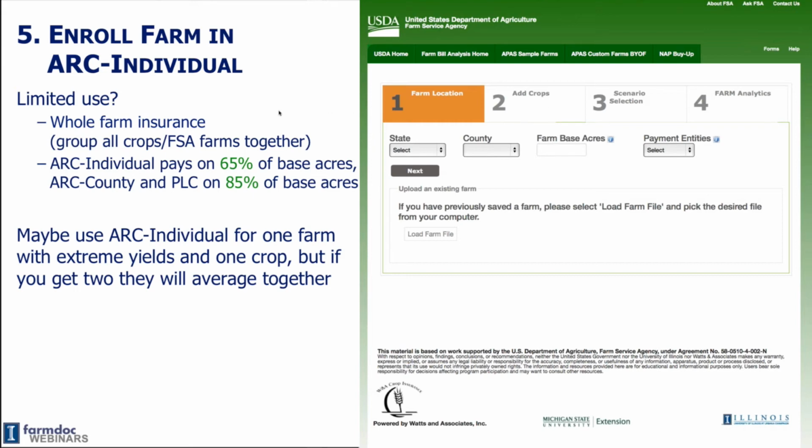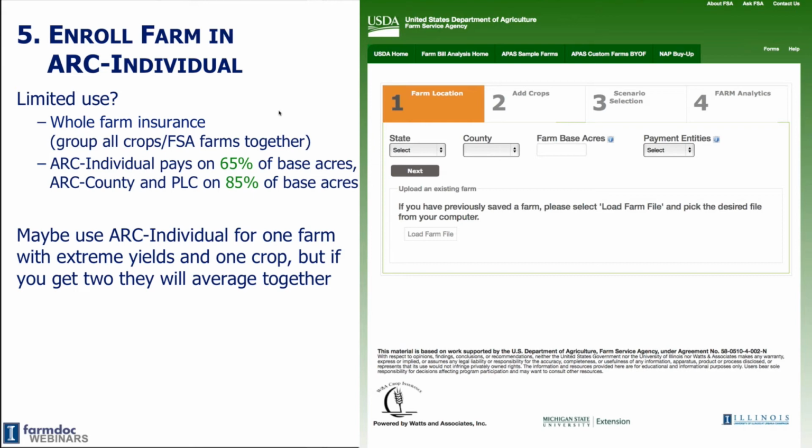I think in the interest of time this morning, we won't go through the build your own farm, but it's a little more work intensive as you have to enter in all your farm's data. But Gary's right, that's the best way to see what ARC individual would look like on your farm.